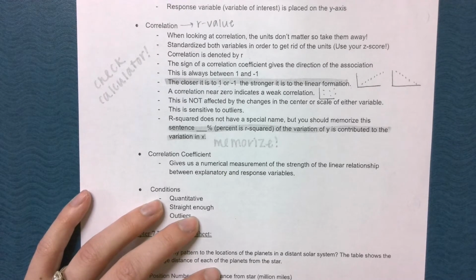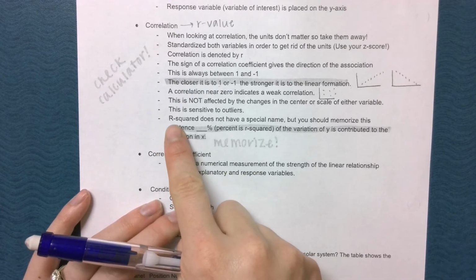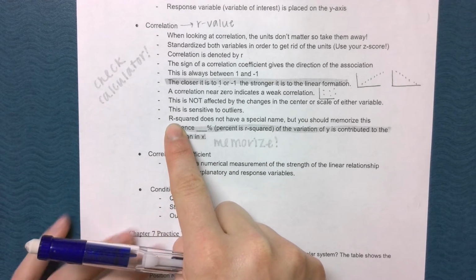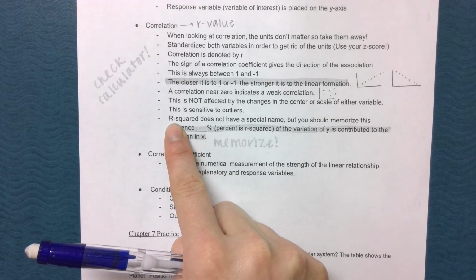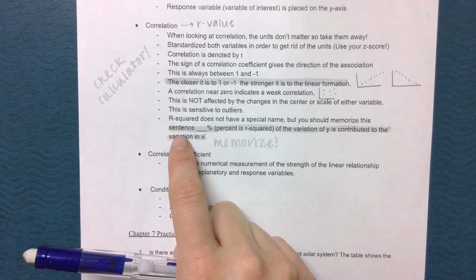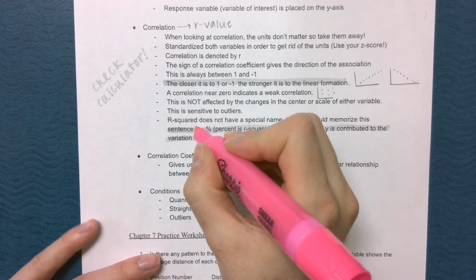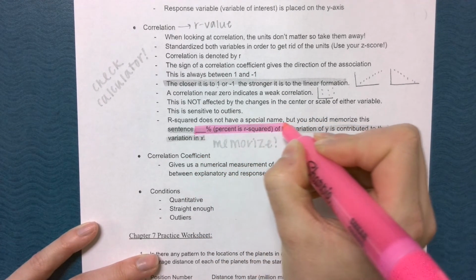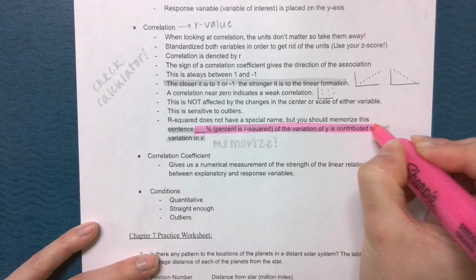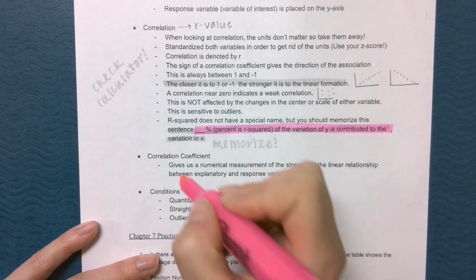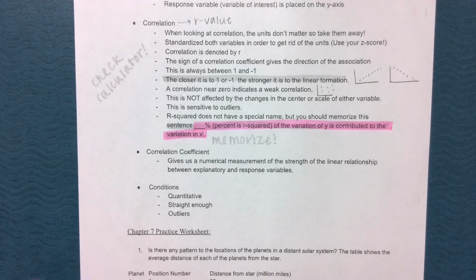Okay, after we looked at that R value, we then switched gears and looked at R squared. R squared doesn't really have a special name, but I do want to point out that we should memorize this sentence, which is the interpretation of R squared. R squared, you would plug it in right here, tells you the variation of y is contributed by the variation in x.